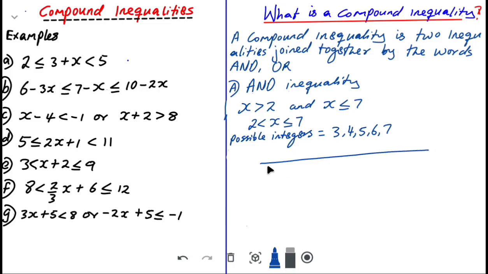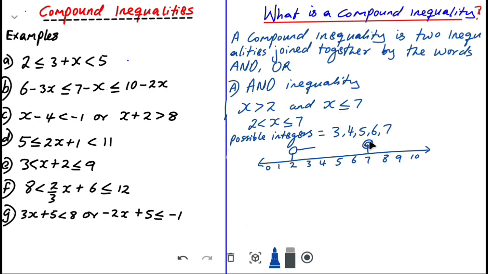That is, if we have 0, 1, 2, 3, 4, 5, 6, 7, 8, 9, 10 on the number line, the possible values can be determined. X is greater than 2, and x is less than or equal to 7.